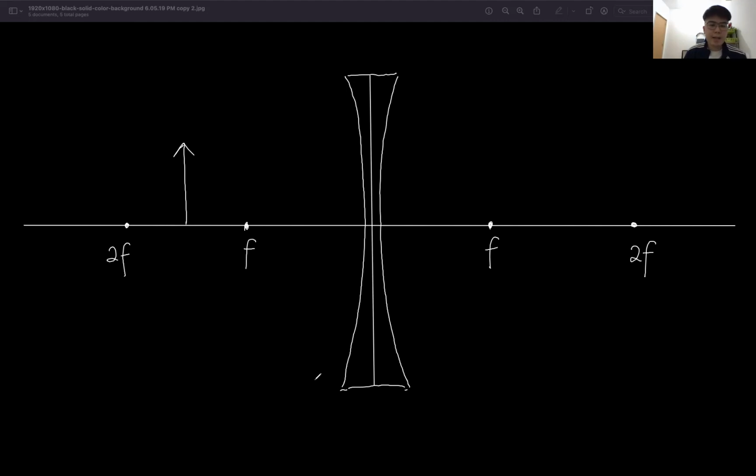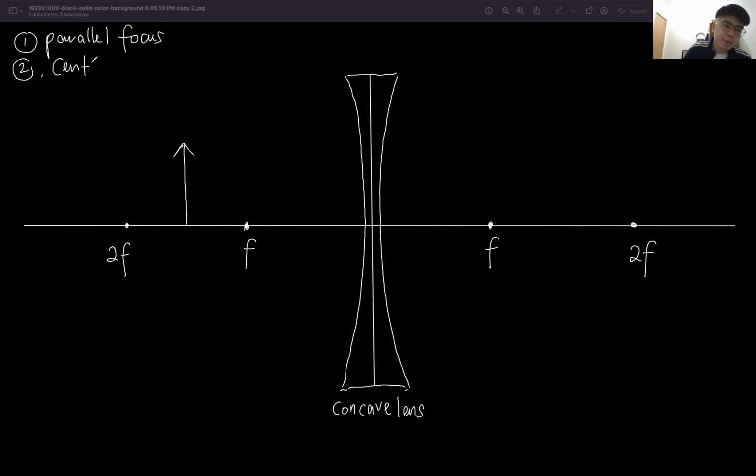Okay, for concave lens, nothing has changed. It's the same thing. Same rules. Number 1, parallel focus. Number 2, center. And number 3, focus parallel. Same rules apply, only a little bit different.